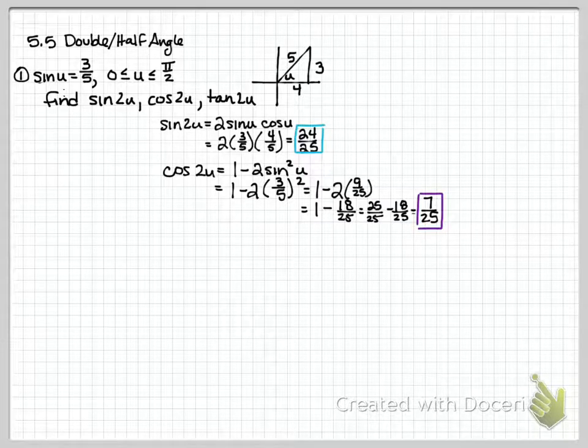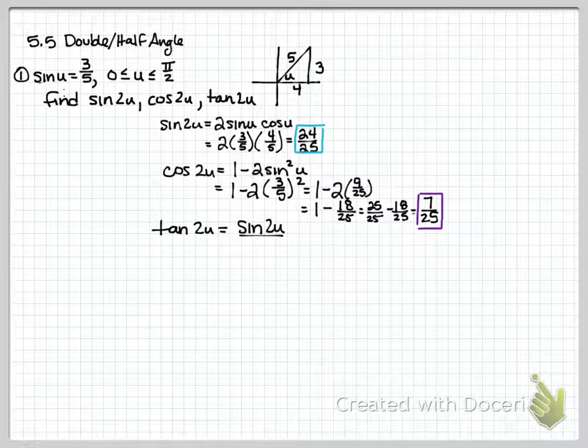Now to find tangent of the double angle, we have 2 options. We can do 2 times the tangent of u over 1 minus tangent squared. But then we have to figure out what tangent is, and we can do that from our triangle. But here's the cool thing. We also have another option. Well, tangent is sine of 2u over the cosine of 2u. And don't I already know what sine and cosine are?